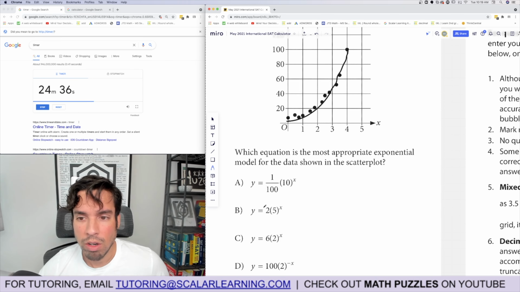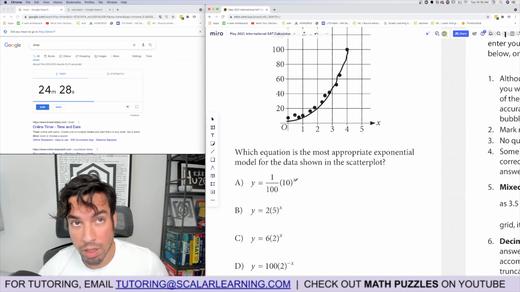I don't know. Okay, so now we're going to plug in some other data points. I see that 4 should give me a value of 100. If I plug 4 in here, that would kind of work because 10 to the 4th is 10,000 divided by 100 is 100.